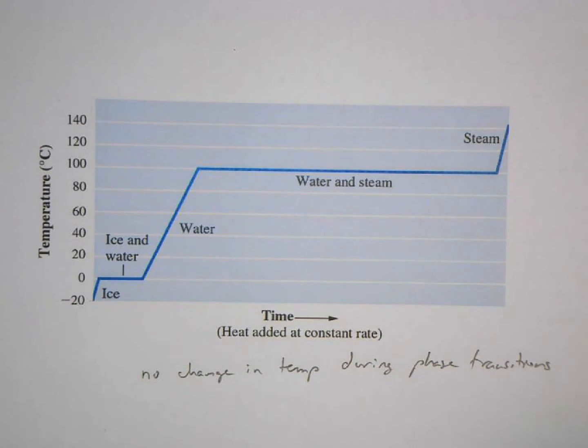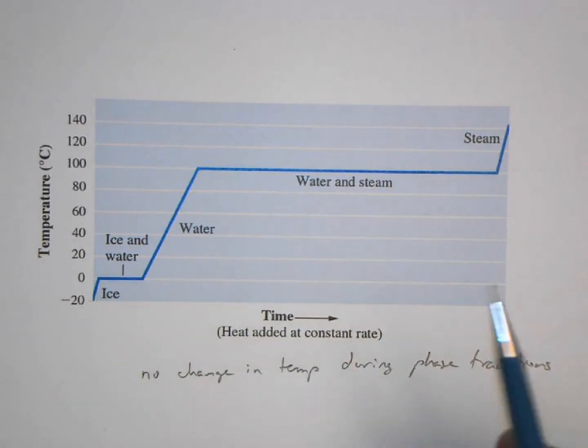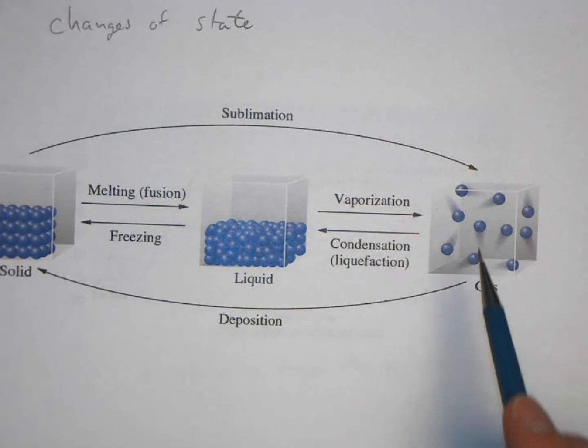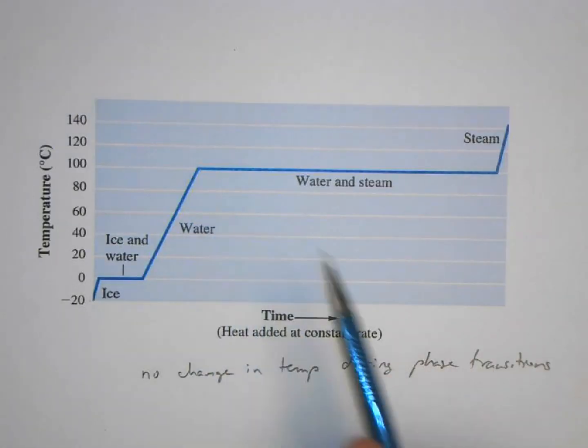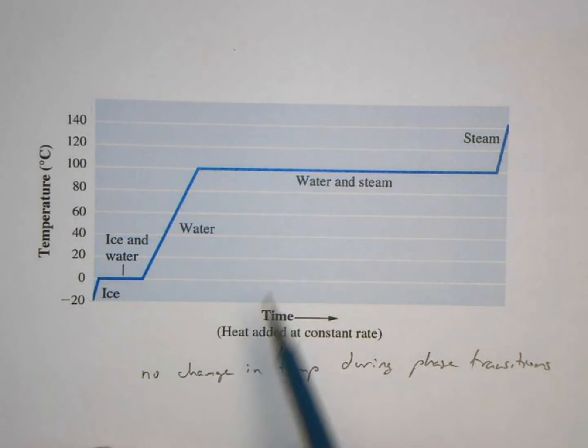And then we start to put into the water the heat of vaporization. Energy is required for going from a liquid to a gas. So at 100 degrees Celsius, we're adding energy. The heat of vaporization is now being added.